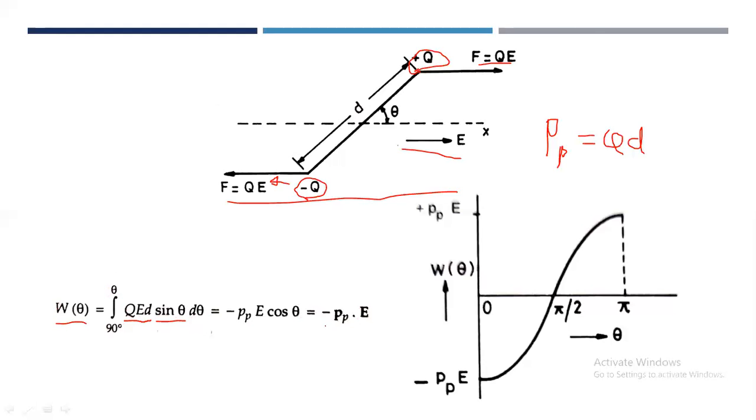We will get finally minus P_P E cos theta, that is minus P_P dot E, where E is a vector. The graphical representation of W of theta, the energy, is shown here. It is quite sinusoidal.